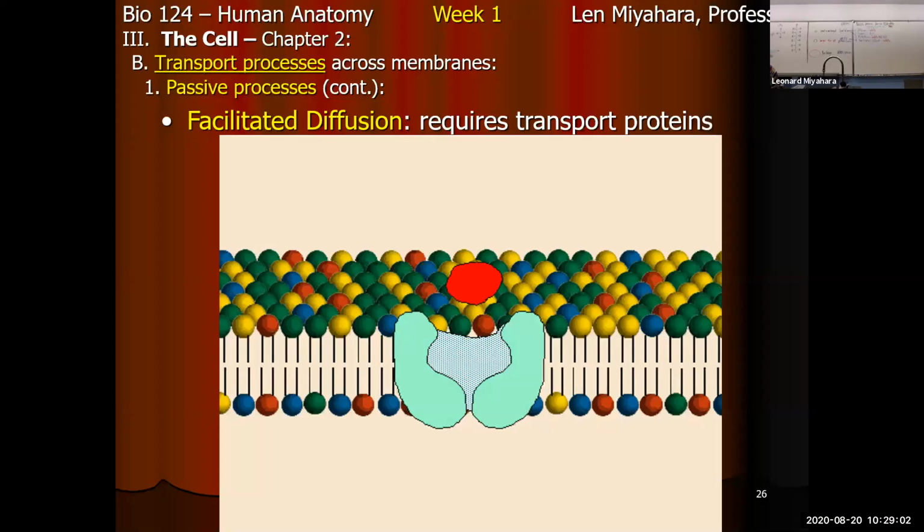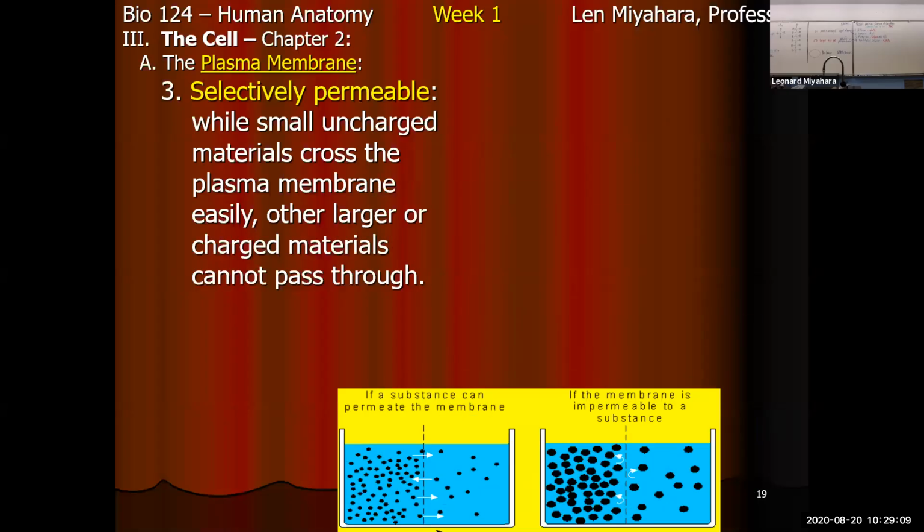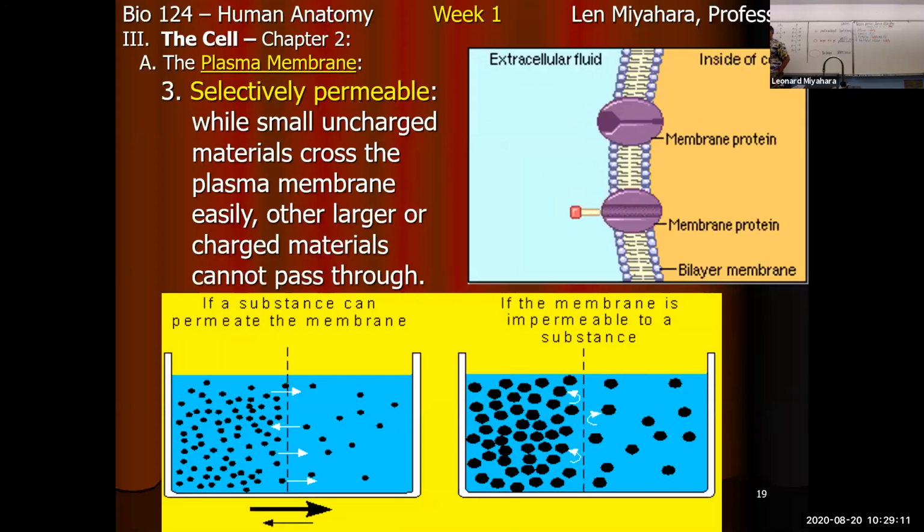Now look at this animation we started with. Diffusion. Facilitated diffusion. Never goes through.